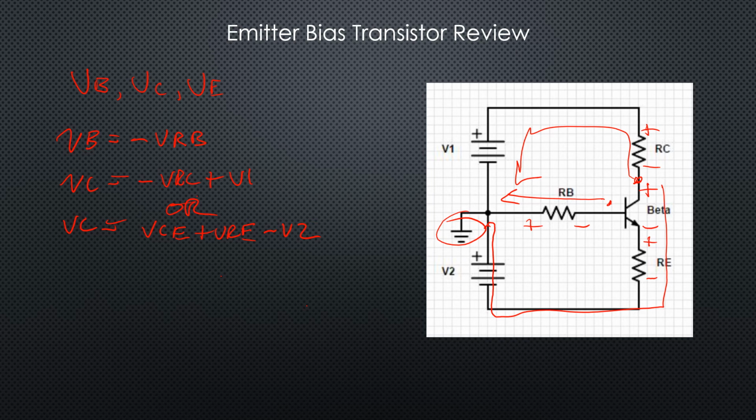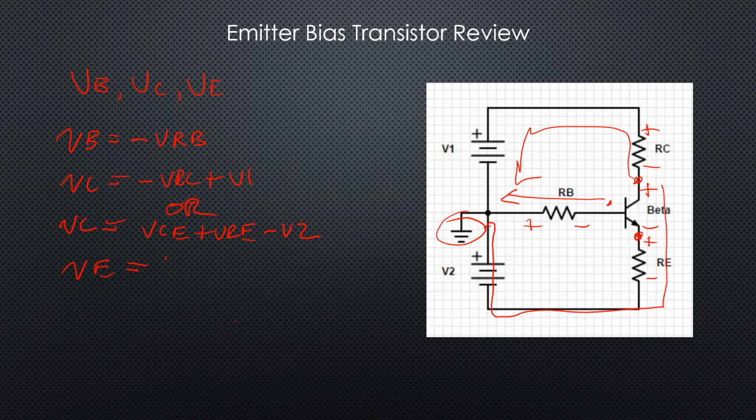Okay. The last one we need to do is VE. VE, we can do the same thing. We put a probe right here on the emitter, and we can Kirchhoff up through VCE and around to ground, or we can Kirchhoff up through VBE and over through RB and to ground, or we can go straight down through RE and up through V2. And all those values should be the same number.